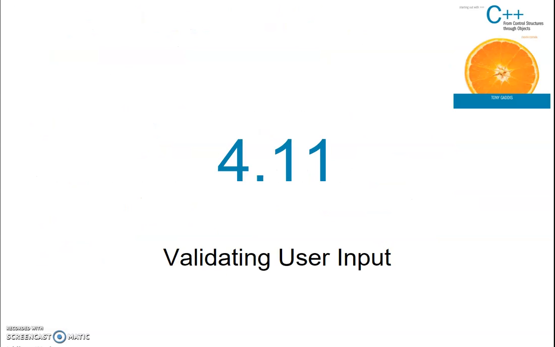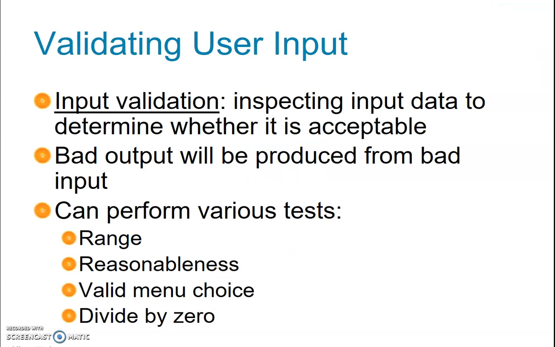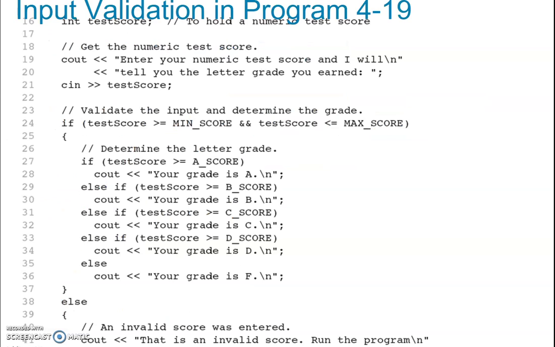So validating user input, we did a little bit of that last year, you know, just looking for the reasonableness of a value. Is it within the range that we want? Is it the menu choice that I have on my list? Is there a division by zero error? So those are things that we'll also be looking at.